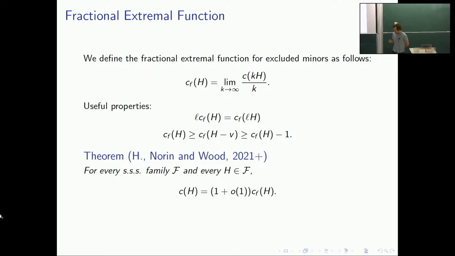But the main reason that this function turns out to be interesting is that for every sparse family and every graph in that family, the extremal function is actually almost equal to the fractional extremal function. So this is the motivation for introducing this new parameter, and it is also through studying this parameter that we obtain the main results of the paper.